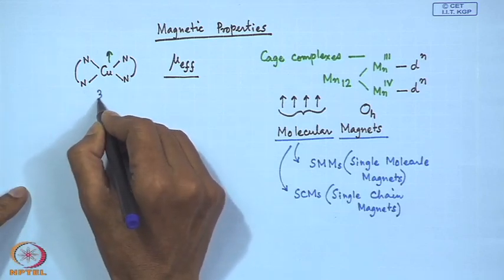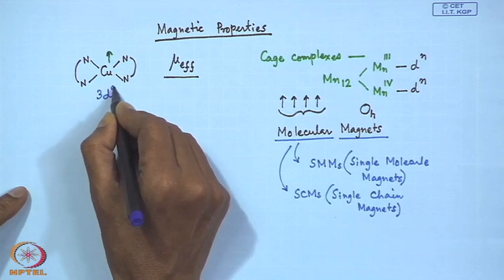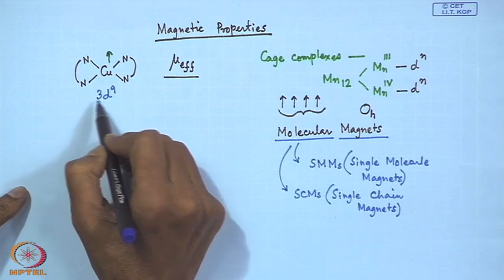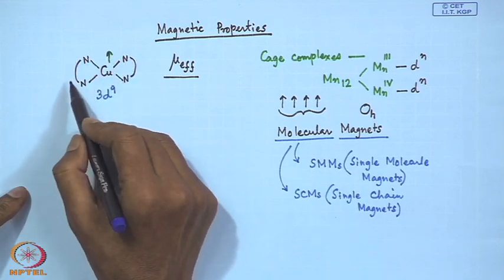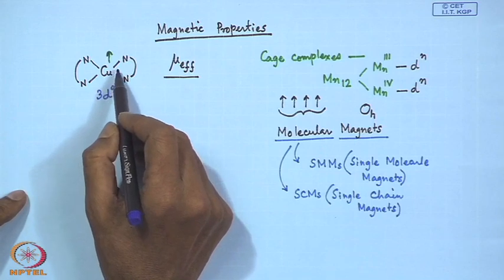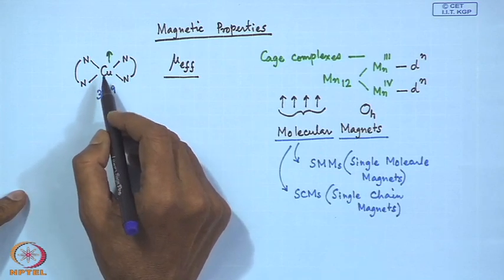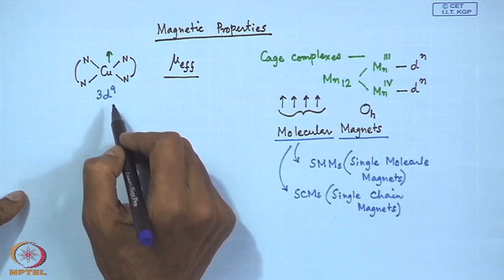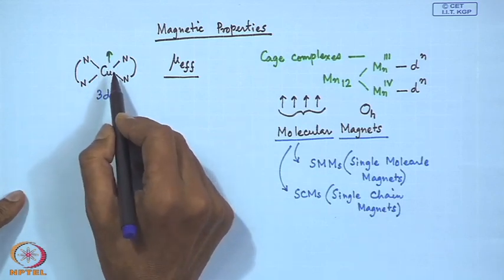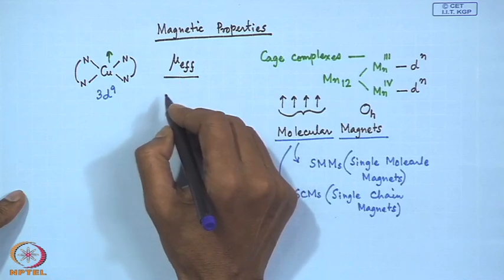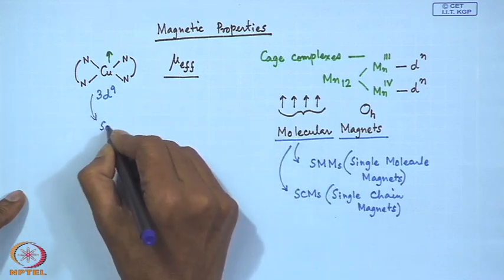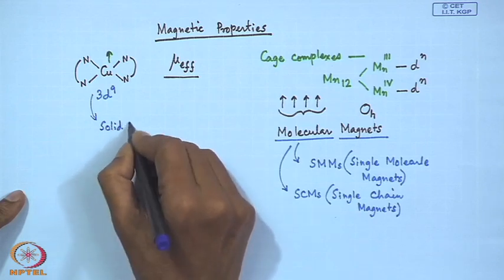Since we all know that this is a 3d9 system, whatever coordination environment or geometry we put around the copper ion, in a 4 coordinated system, like either a tetrahedral or a square planar geometry, we basically get the corresponding magnetic moment that we can measure in the solid state if we can get this compound as a solid powdered one.